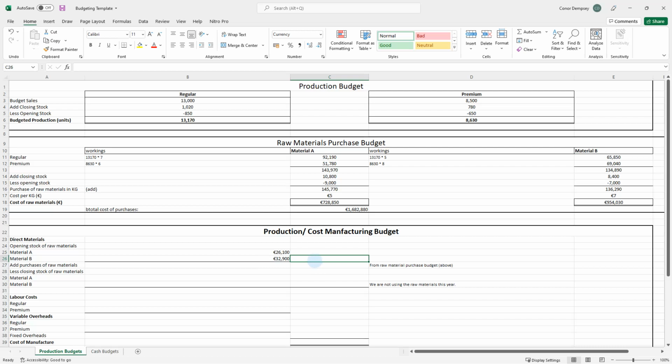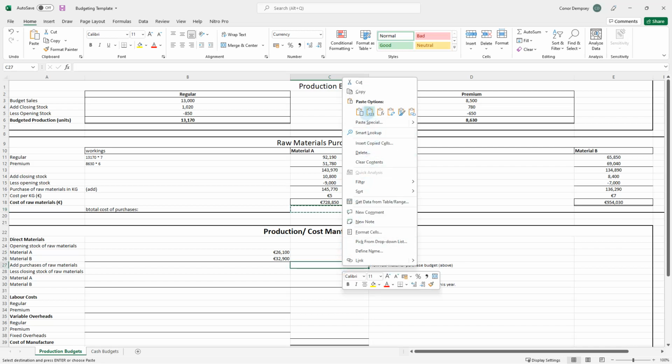We will add them together to go here, so equals that plus that. So €59,000 is the value of our opening stock of raw materials. We add the purchase of raw materials from above, so I'm just going to copy and paste the value.